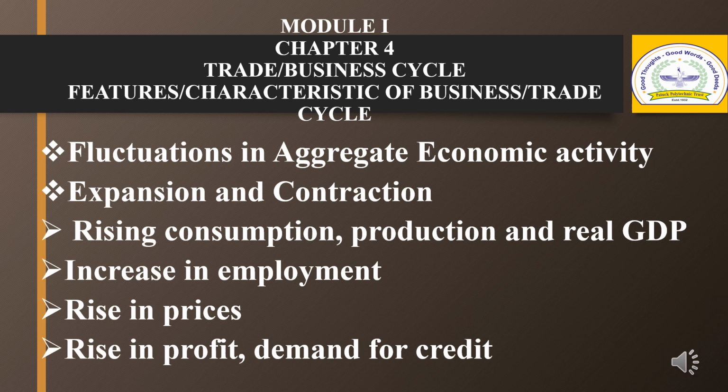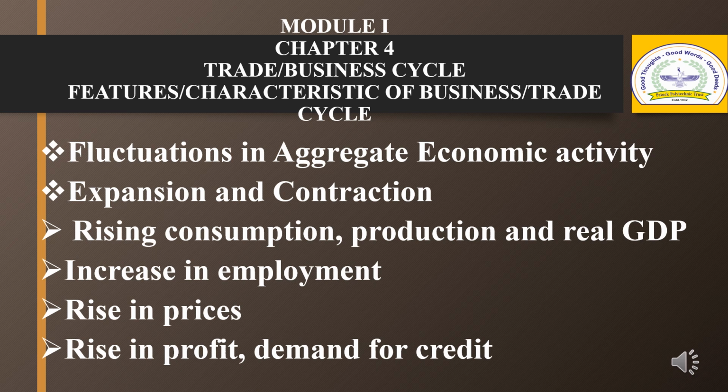It involves changes in many variables such as employment, investment, profit, as well as financial market variables, leading to changes in gross domestic product. Secondly, expansion and contraction, where I am going to explain first expansion and then contraction.